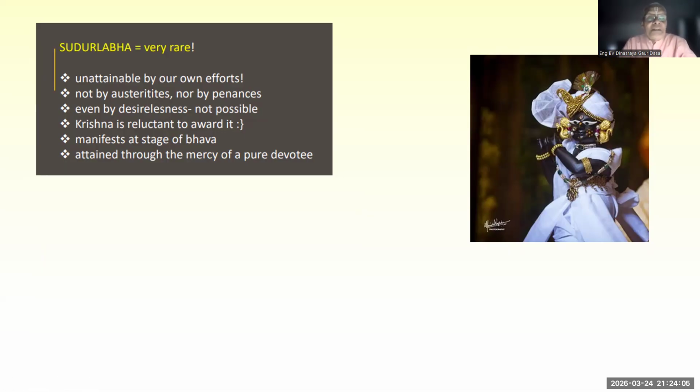Krishna, I will give an example, is reluctant to award it. Then Krishna becomes subordinate to his bhakta. What happened with Arjuna? What happened in the Damodar Leela? Krishna becomes subordinate to Yashoda. He permitted himself to be bound by a rope, and she was always chastising Krishna as Bal Krishna for all kinds of activities Krishna was performing as a baby or child.